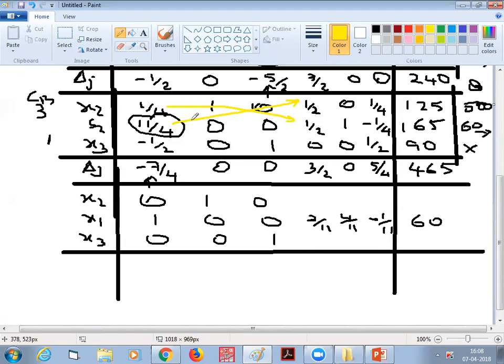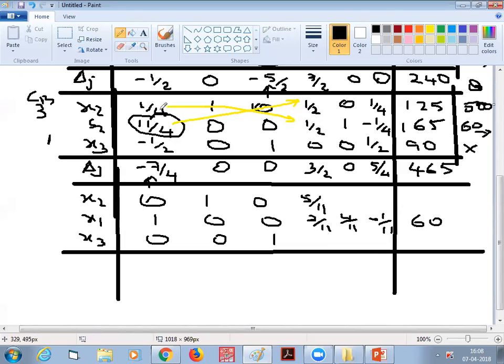So 11 by 8 minus 1 by 8 is 10 by 8, which is 5 by 4. 5 by 4 divided by 11 by 4 is 5 by 11. Right.